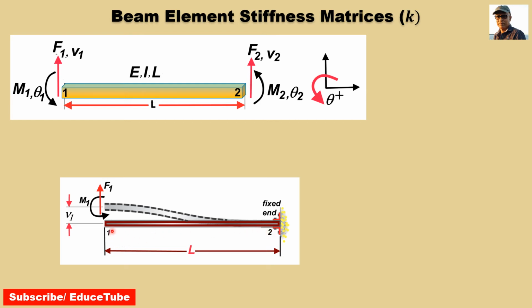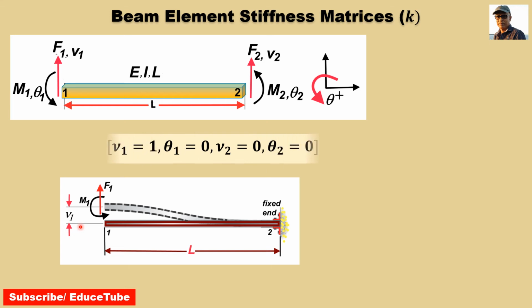So here at node 1, we have taken an arbitrary value ν1 equal to 1. All other, already I said, will be equal to 0 out of 4.